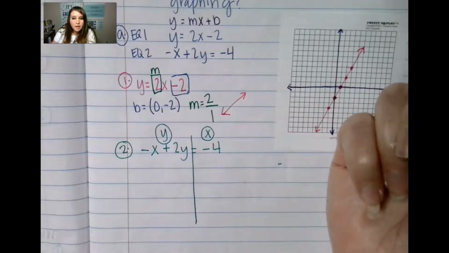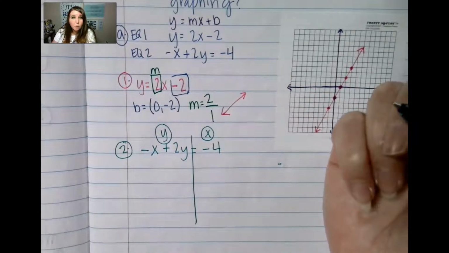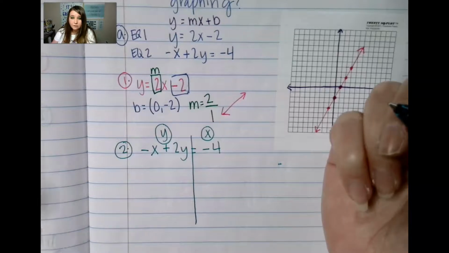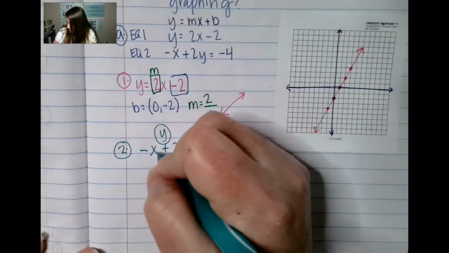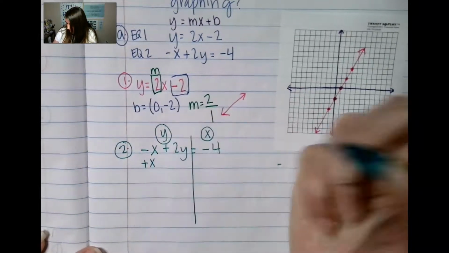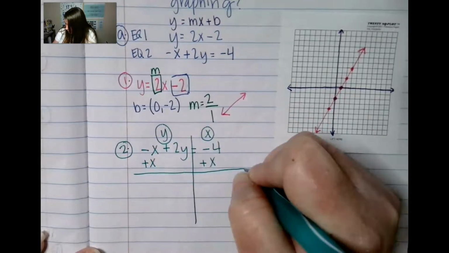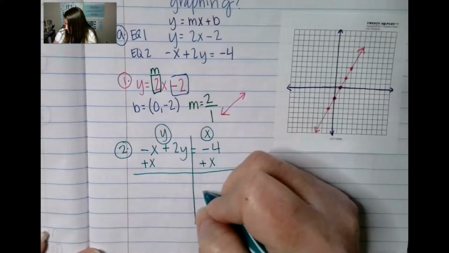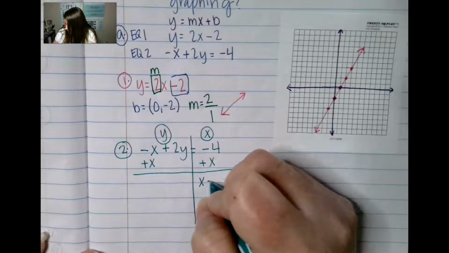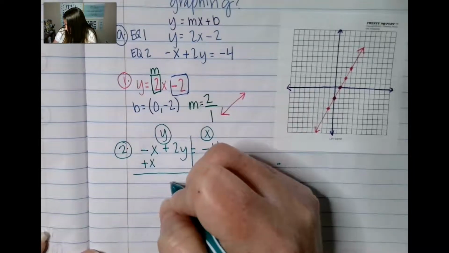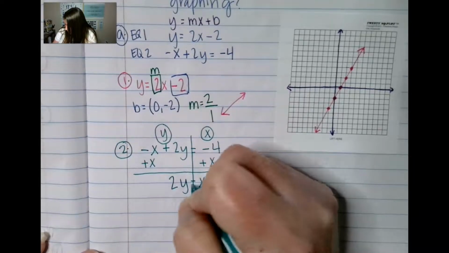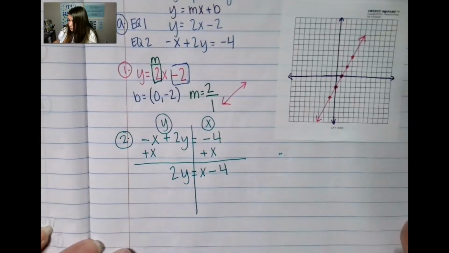So let's go ahead and move things around until y is all by itself. So to undo a negative x, I'm going to add an x, and I'm going to add an x over here. So this now says x minus 4, and this says 2y equals x minus 4.